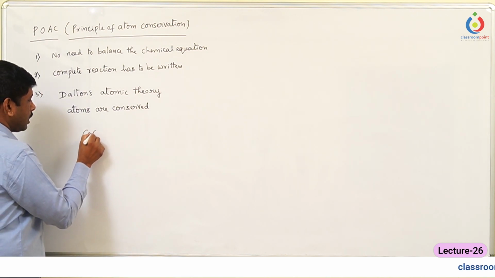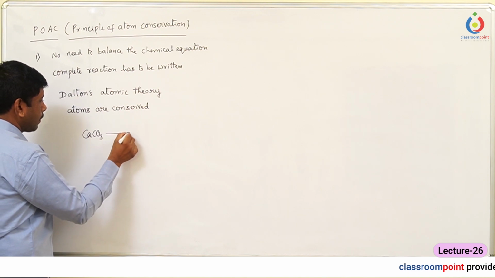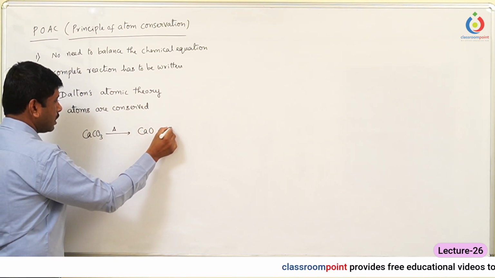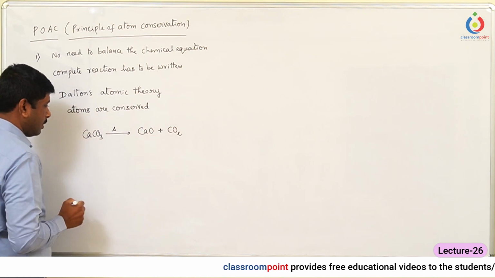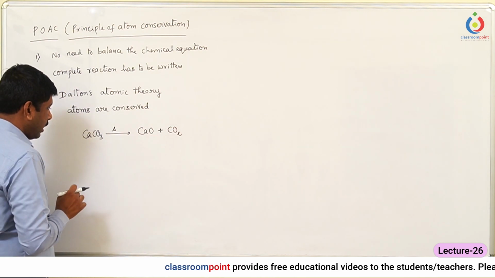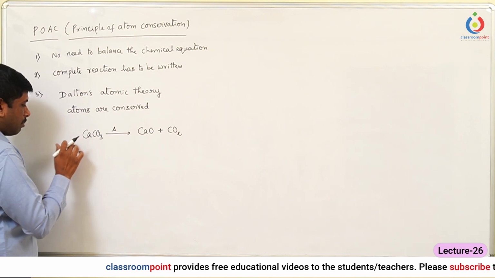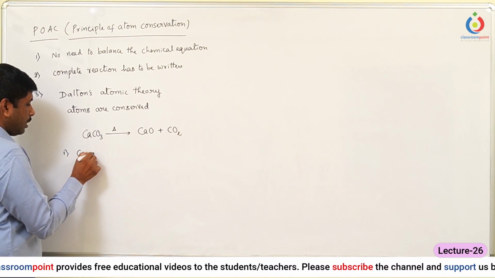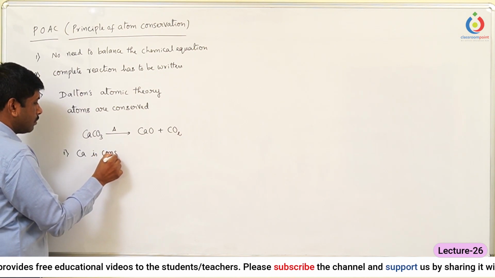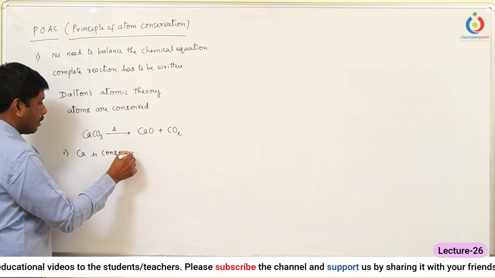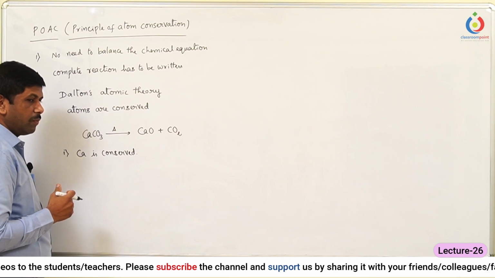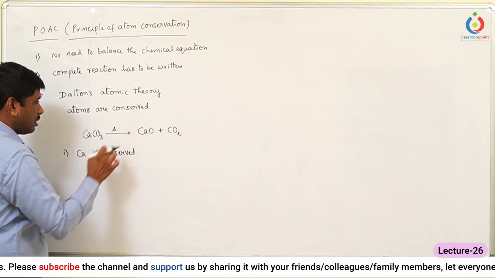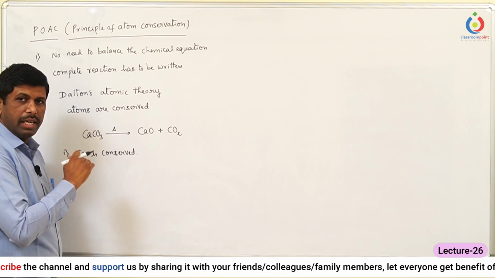Let us apply POAC by taking some examples. Now imagine calcium carbonate on decomposition converts into calcium oxide and carbon dioxide. So here, let us take Ca as conserved. We write the formula with respect to calcium, wherever calcium is present in the reactants and products.